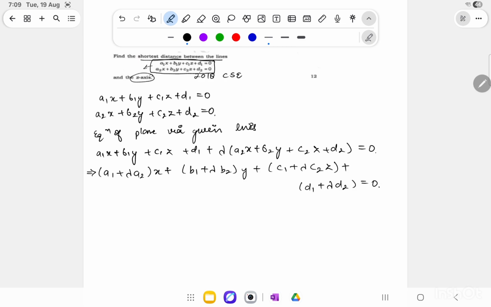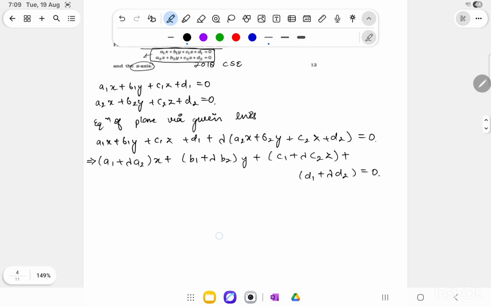And I know that the shortest distance line between the given line and the z-axis will be perpendicular to that line and the z-axis as well. So we have direction cosines of the z-axis as 0, 0, 1.